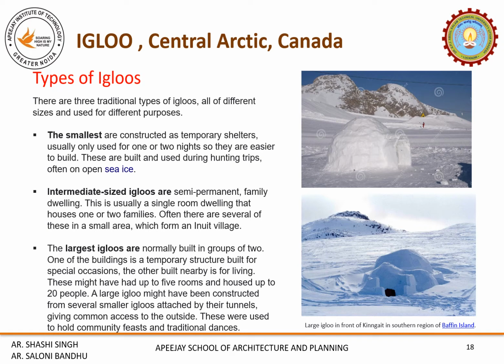These are large igloos and they might have up to 5 rooms and can house up to 20 people. This may be constructed from joining small igloos by tunnels, having a common access to the outside. These are used to hold community feasts and traditional dances. On the bottom right is an example of a large igloo.